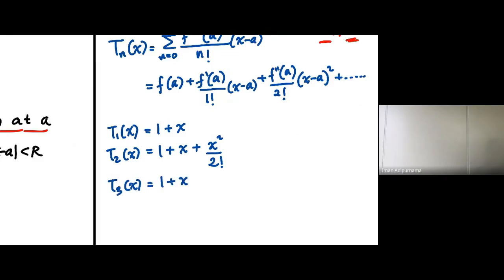The third one is 1 plus x plus x squared over 2 factorial plus x cubed over 3 factorial. Okay, maybe 3 is enough to make some conclusions.